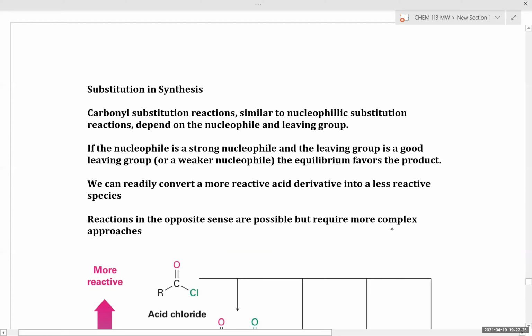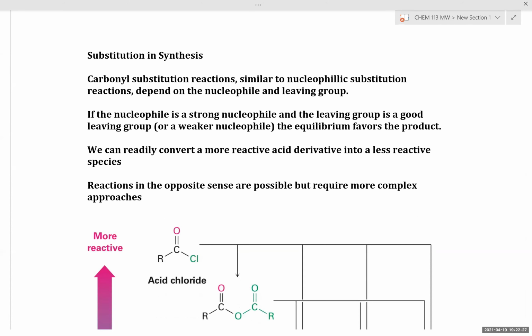Now, what we're next going to talk about is this idea that nitriles and other carbonyl groups can undergo reaction with other nucleophiles and undergo what are known as substitution reactions. We're going to talk a lot about these reactions next chapter.